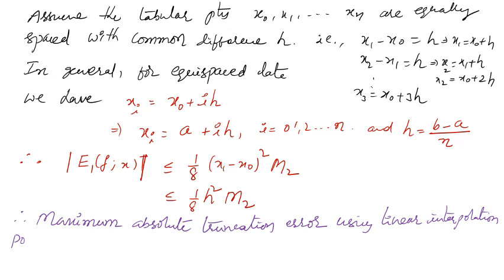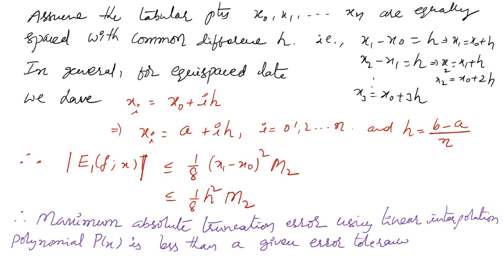polynomial, using the linear interpolating polynomial P of x, is less than a given error tolerance epsilon, which is a positive value.